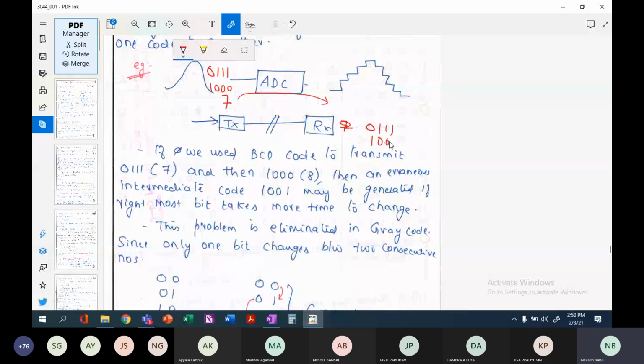But what happens is, I've already said multiple times that each bit that you are representing here corresponds to one digital circuit.